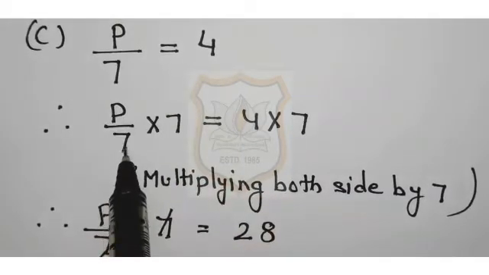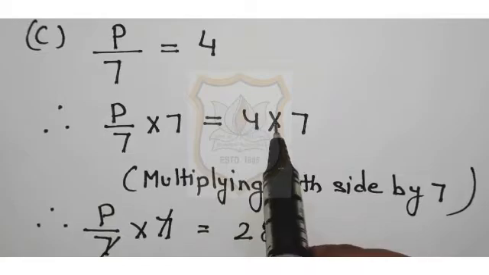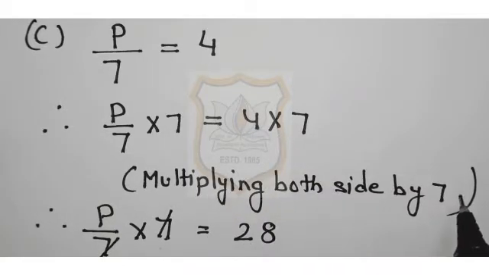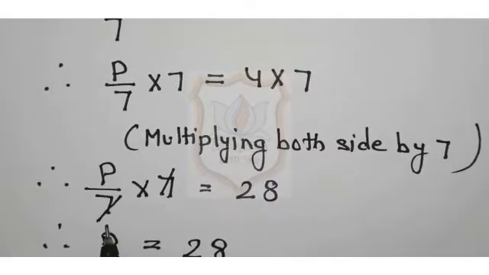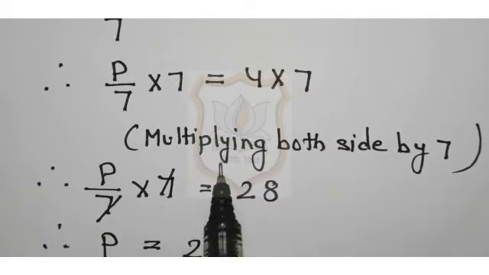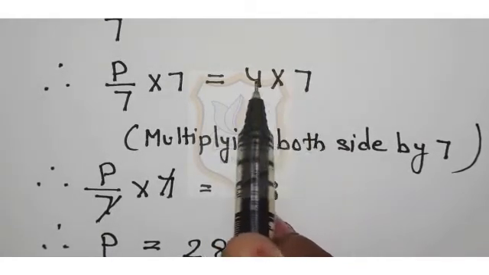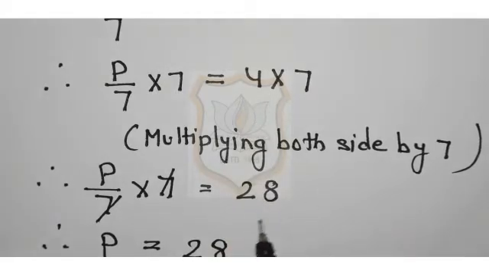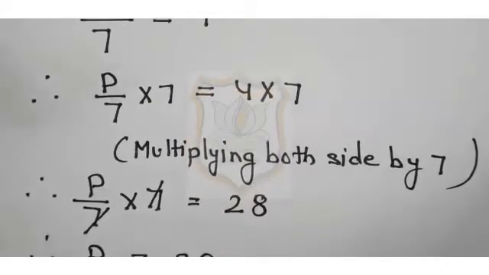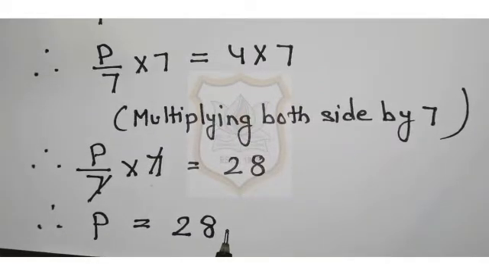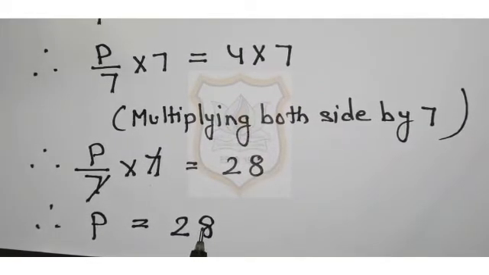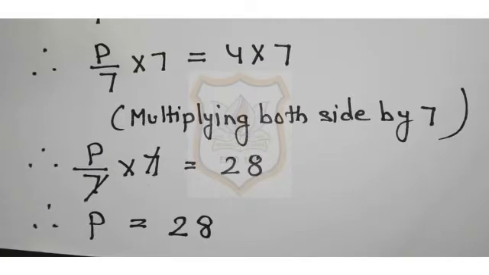So P upon 7 into 7 or 4 into 7, multiplying both sides by 7. Now P upon 7, the 7s cancel, and 4 into 7, that is 7 fours are 28. Therefore the value of P is equal to 28. So in this way we will find out the value of P.